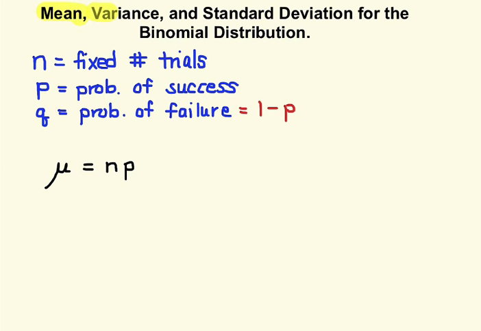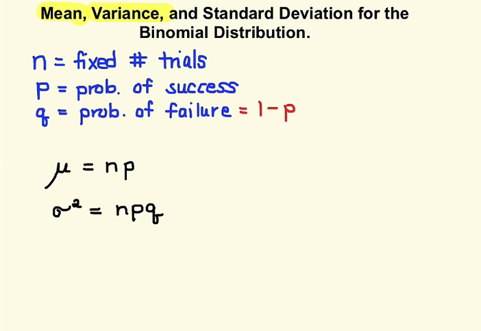The variance is also fairly simple, and our symbol for population variance is sigma squared, and the variance is n times p times q, the number of trials times the probability of successes times the probability of failures.